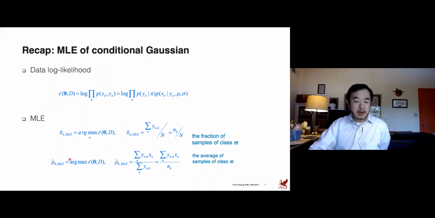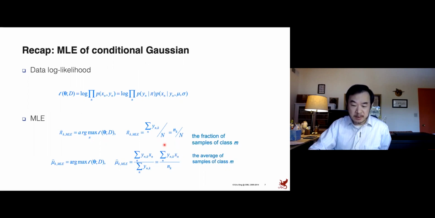And then for the mu and also for the sigma, which I didn't write here, you basically just pick those points of X that belong to the k-th cluster, and then divide by the total number of times of being in the k-th cluster, and then you can compute the mean of that k-th component.